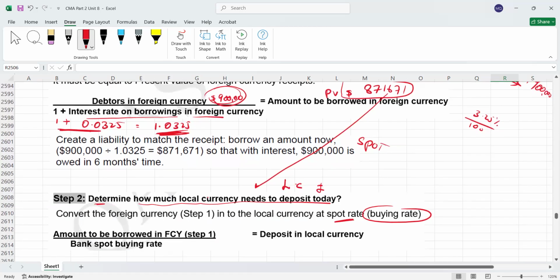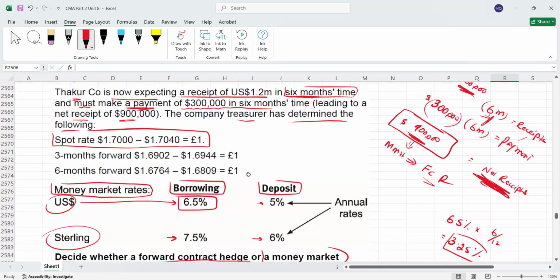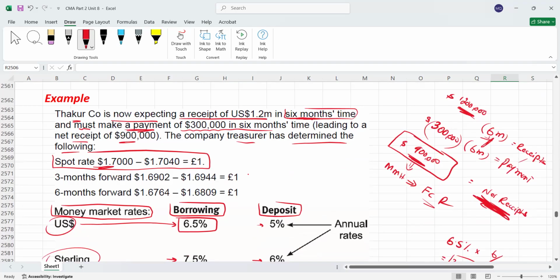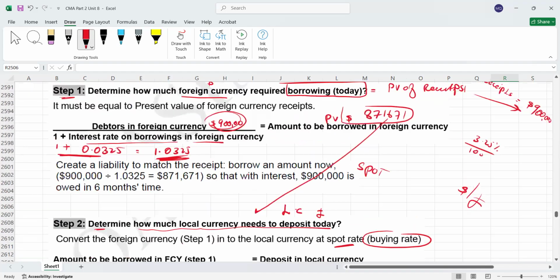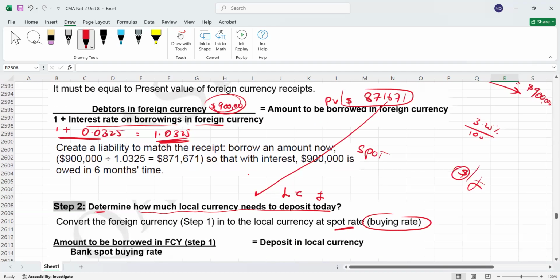Because this quote is like that, dollar per pound. If you will just go to the question, you can see here. It's dollar per pound. Okay, so quote is like that, dollar per pound. And you are dealing with the first currency. And I told you already when we explained the exchange rate, when you are dealing with the first currency, you should divide. The rule is to divide the exchange rate.